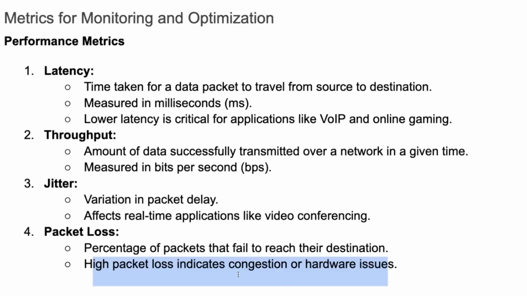So a man-in-the-middle attack, where you have your source IP and your destination IP, and somebody sitting in the middle capturing the traffic going back and forth between these two IP addresses, and they may be stealing the data. So that packet could be lost in transit and you're wondering what's happening, and your data is being stolen. So that could be an issue as well. The percentage of packets that fail to reach their destination is packet loss.